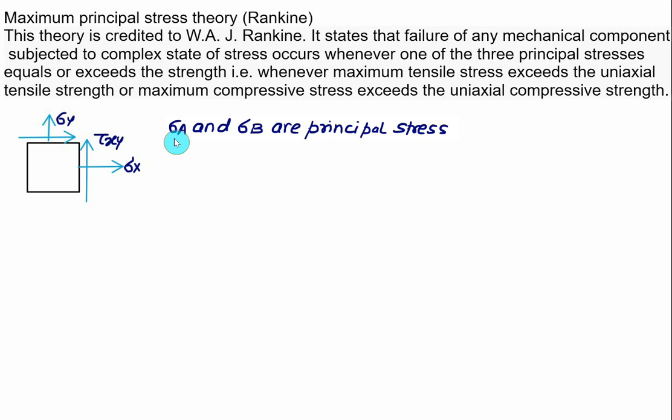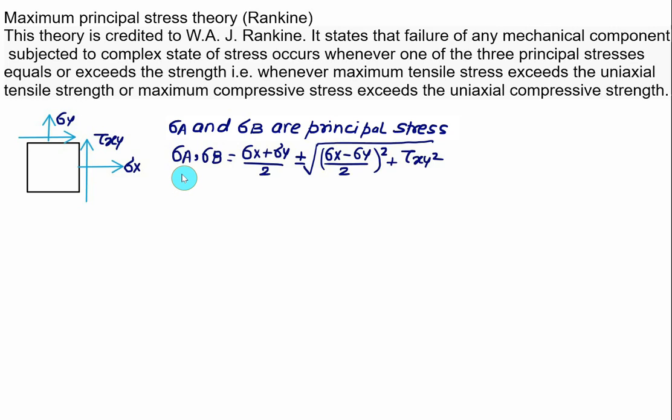Suppose we say that sigma A and sigma B are the two principal stresses. Then we can calculate the values of sigma A and sigma B as equal to (sigma x plus sigma y) divided by 2, plus or minus the square root of ((sigma x minus sigma y) divided by 2) whole squared, plus the shear stress tau xy whole squared.